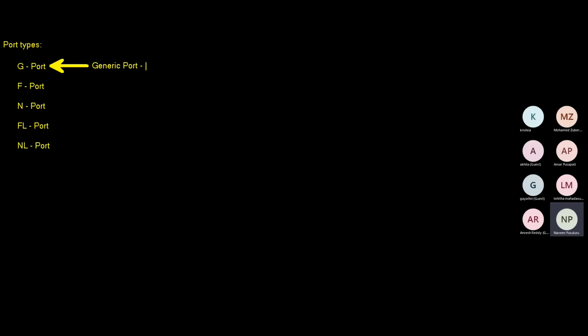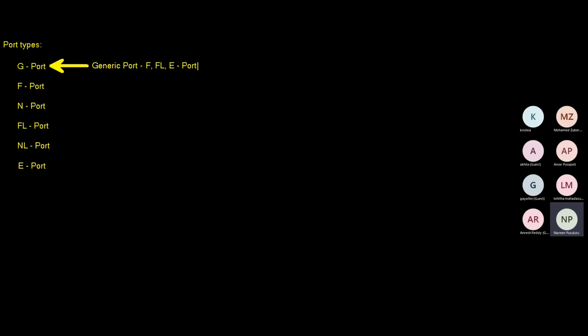It stays G port only. So a G port can be converted into, and one more thing I forgot, E port. A G port can be converted into either F port or FL port or E port. You can convert a G port into any of these ports.